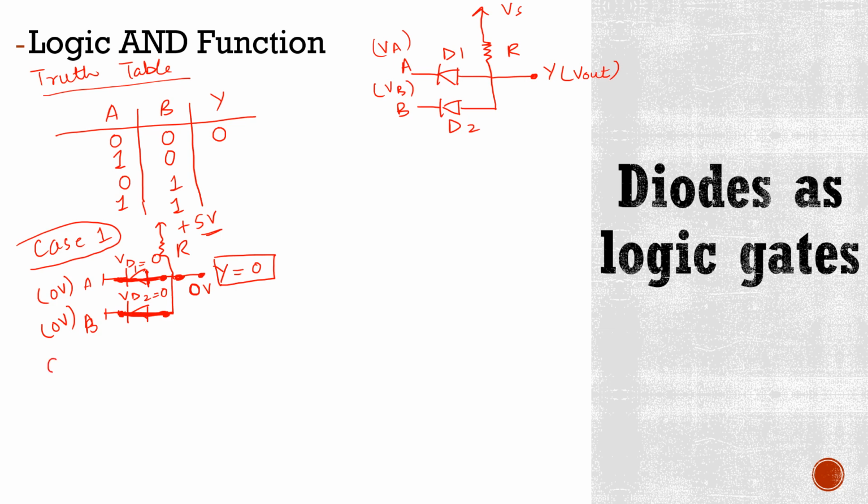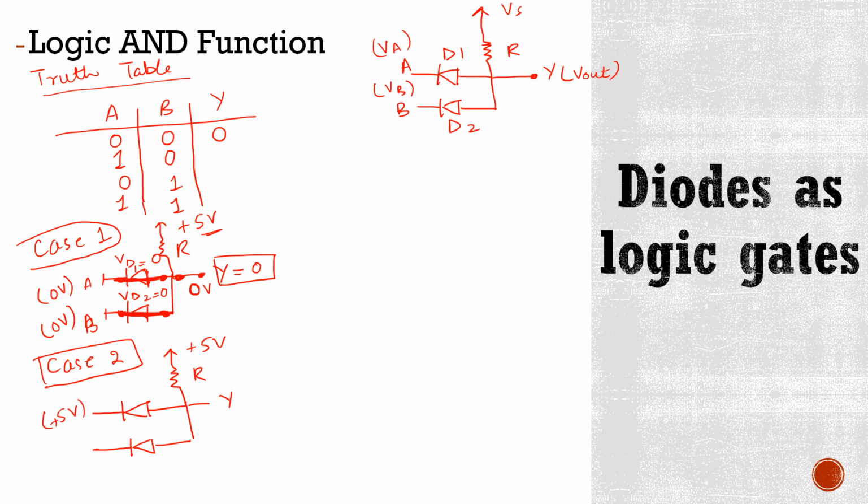Now we look at case 2. In this case, terminal A is on and terminal B is off. It means here voltage is plus 5 volts and here we have 0 volts.